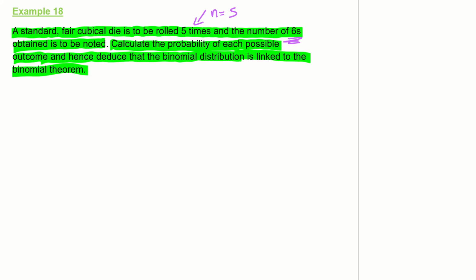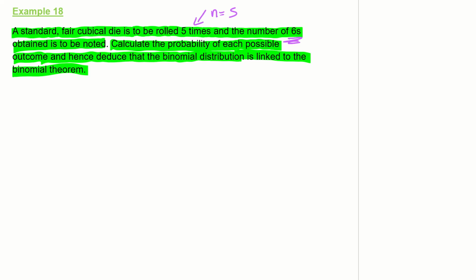If we think about it, we could get no 6s, 1 6, 2 6s, 3 6s, 4 6s, or all 5 6s. So those are the individual values of x, in other words, the small x. Okay, let's look at it. If we have the probability of x being equal to 0, that means that all 5 rolls result in a non-6.